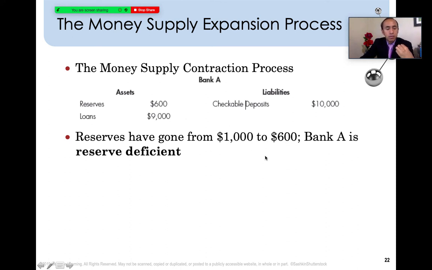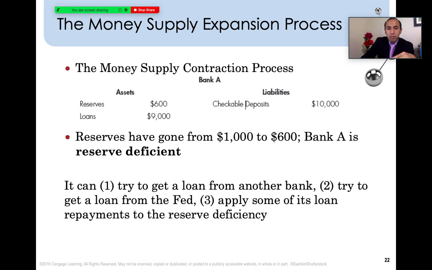Bank A is now reserve deficient, meaning that if it needs to maintain that 10% ratio, it will have to borrow from a different bank. It can try to borrow from another bank, and that takes away reserves from a different bank, meaning that the reserves start to decline.